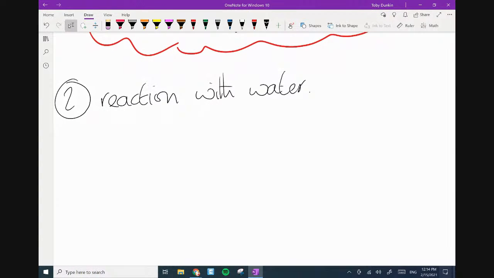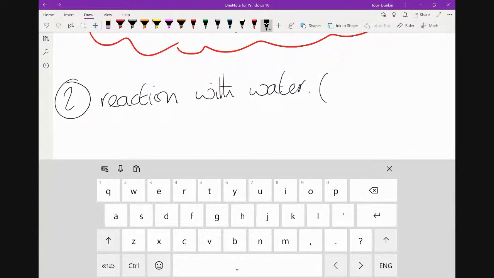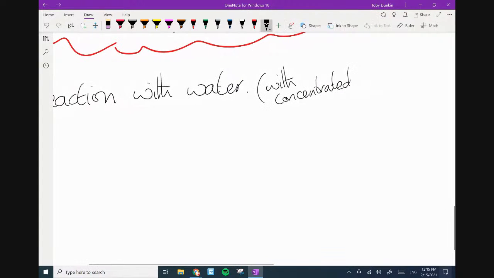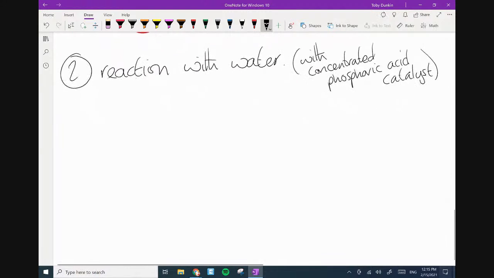We have to do reaction with water with concentrated phosphoric acid catalyst. So this won't happen normally. You need a catalyst for it. But let's check out the equation.